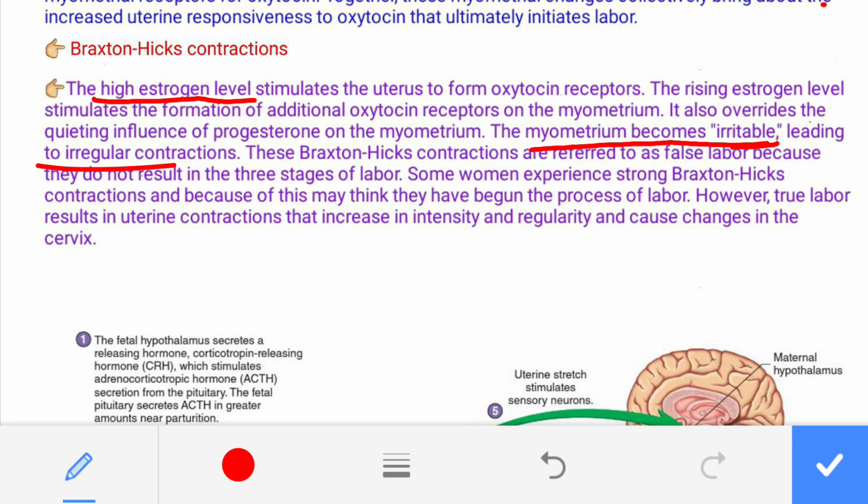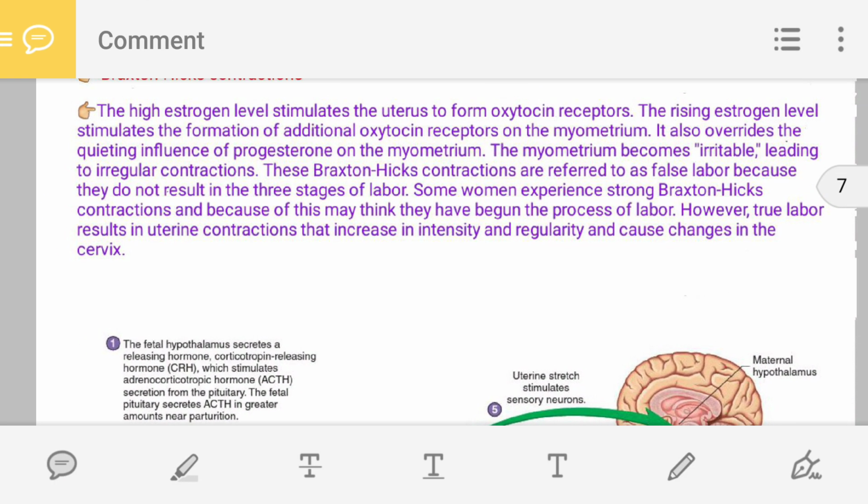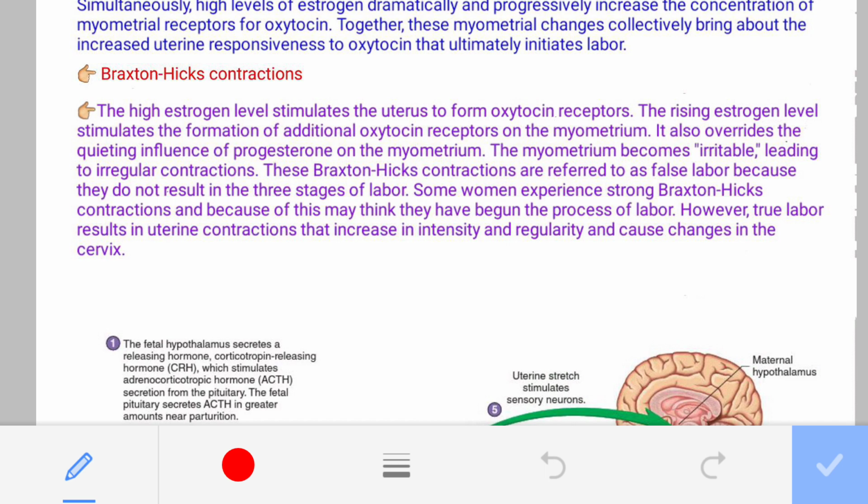Now what I am trying to explain is that the progesterone was keeping the myometrium quiet, but now the child is about to be delivered. So now the myometrium is becoming irritable because of the effect of the estrogen.